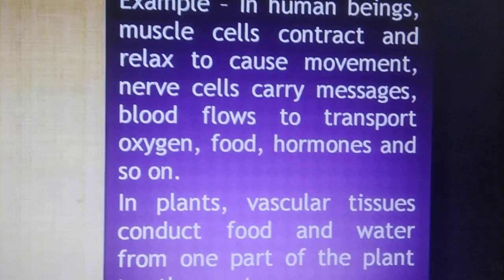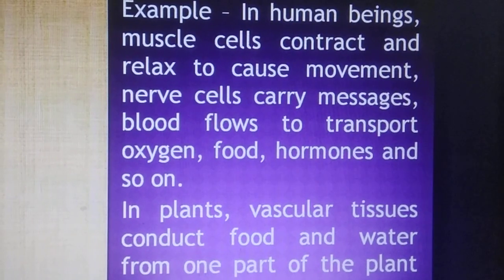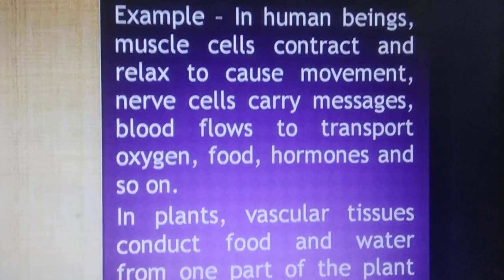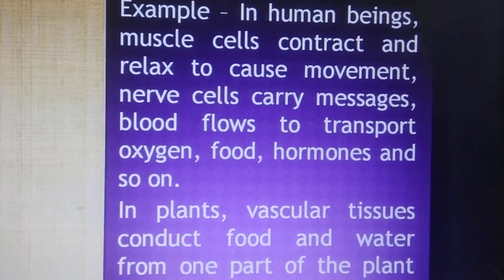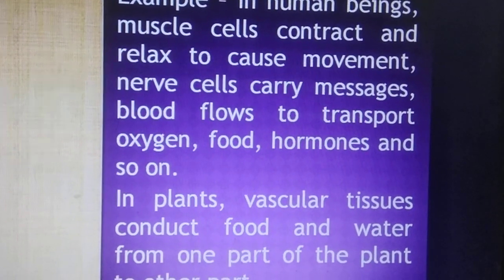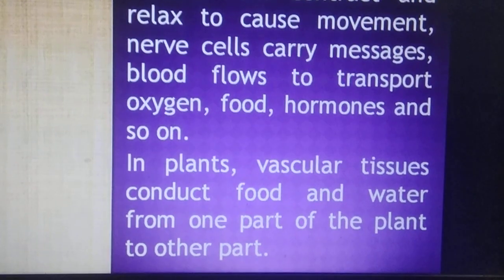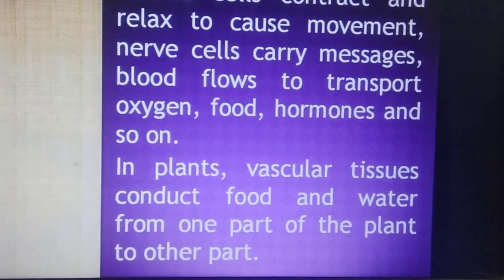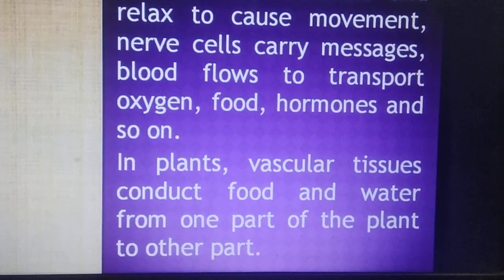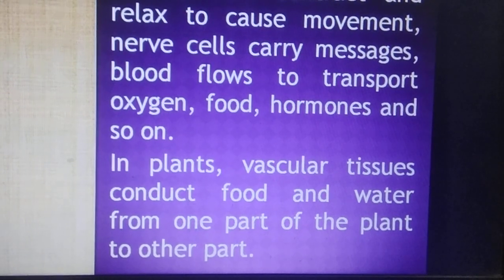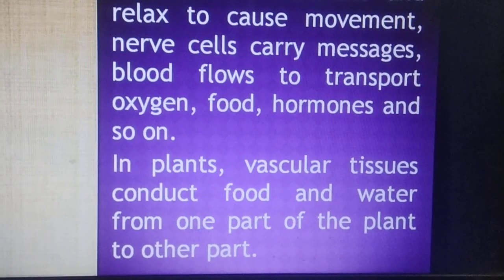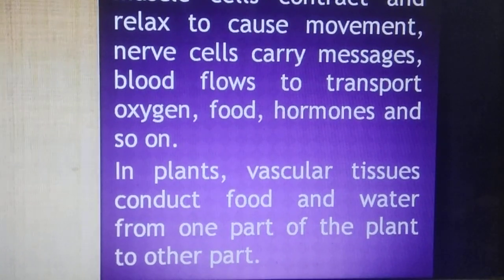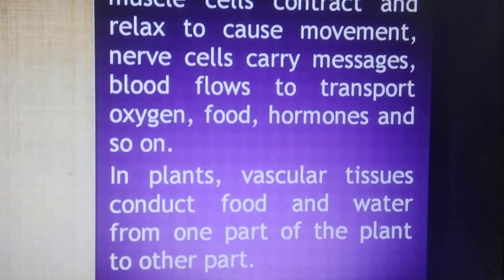For nerve cells, we have the nervous system, and for the transportation of food, oxygen and other things we have the circulatory system, which we also call the transportation system. Likewise, in plants, there is a system to conduct food and water from one part of the plant to another, and the tissues responsible for doing so are vascular tissues. We will read about this in detail in our next section.